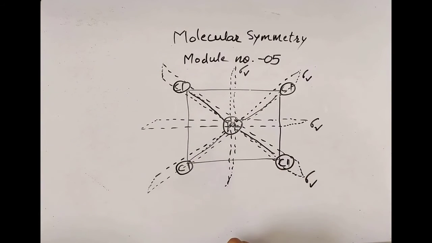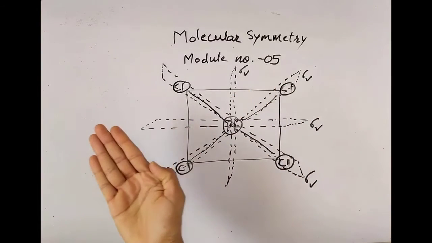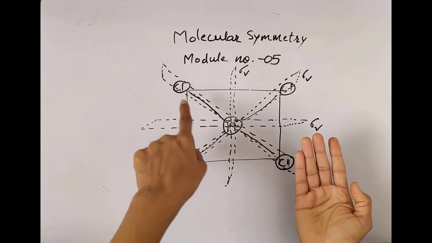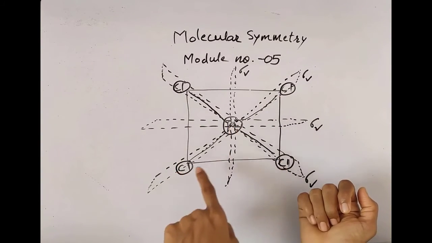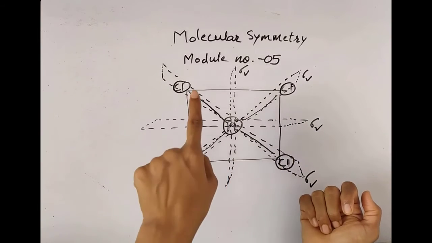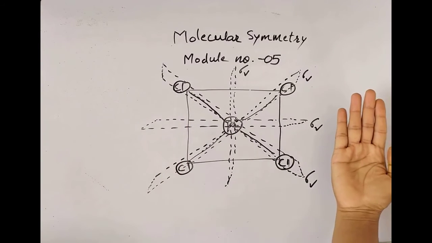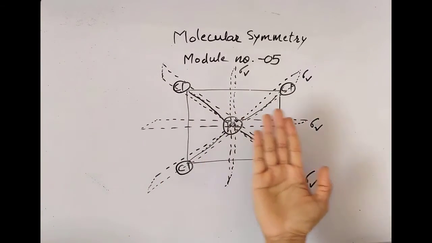And in what way will that plane be passed? That plane will pass like this, which will divide all these 5 spheres, 1, 2, 3, 4, 5, into their own 2 equal halves. So I will pass the plane like this, which will cut the whole molecule like this.